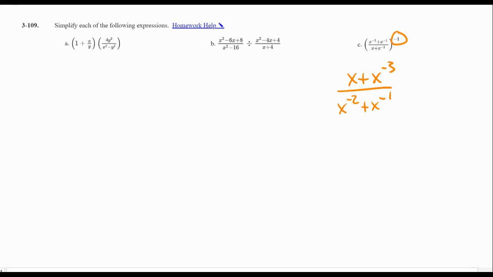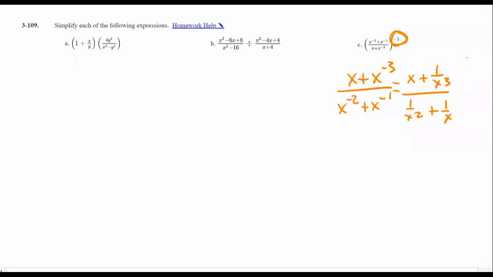Because I have this plus sign, I cannot distribute that exponent. Because it's a negative exponent, I just take the reciprocal of it. Now I am going to get rid of these negative exponents by using my rule about negative exponents, like so.